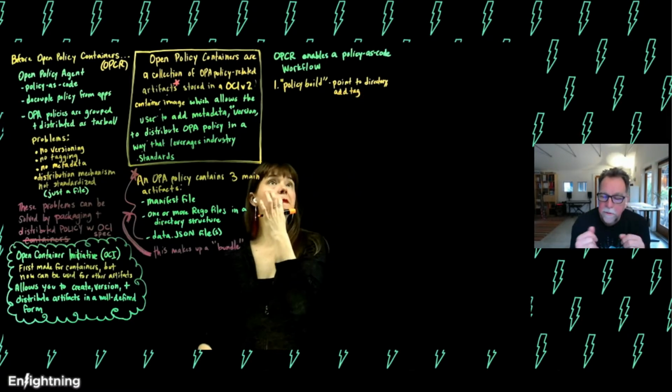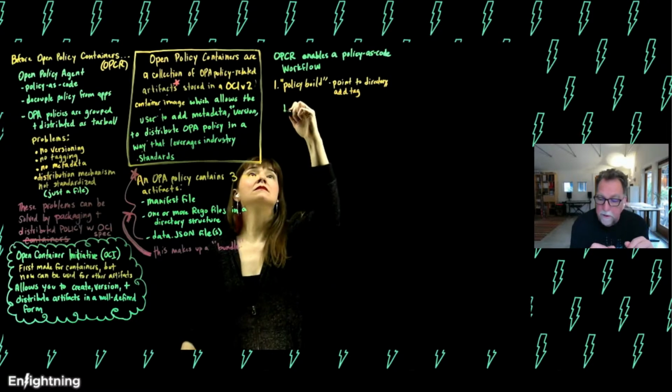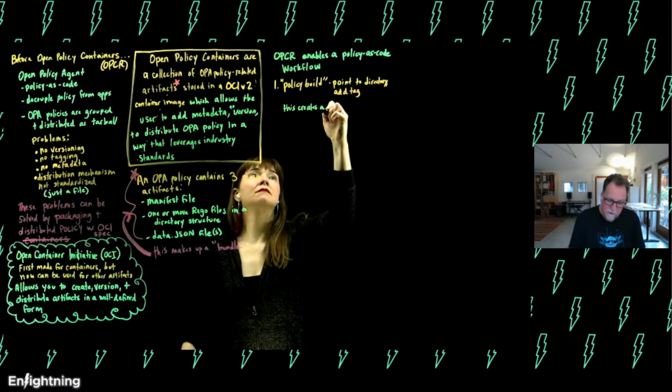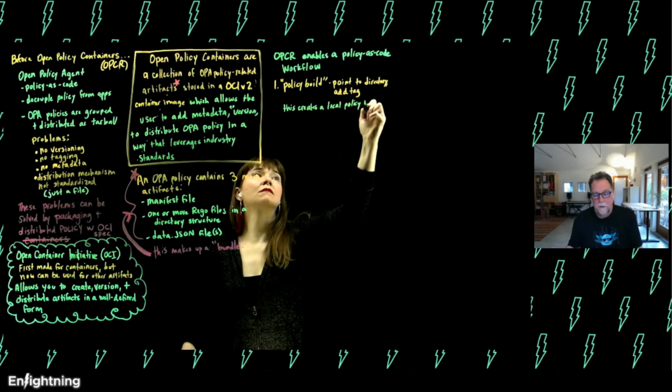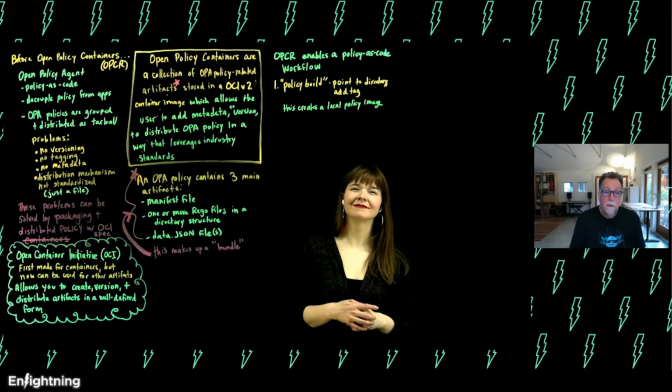Docker build takes your code, looks at the Dockerfile as the wrapper that tells it what to do, and it produces a container image in the local OCI store. The policy CLI does exactly that.